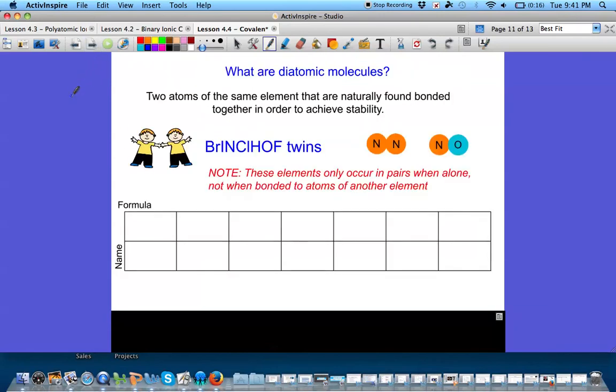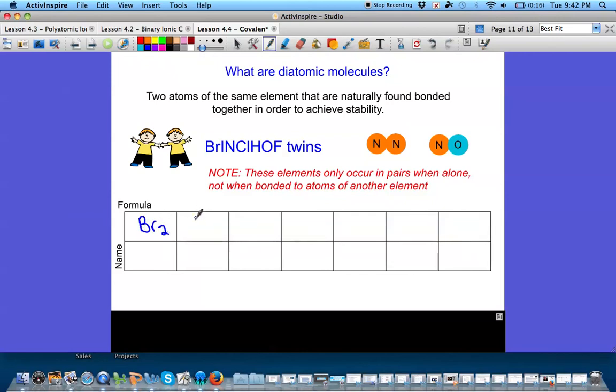Now, there are some covalent compounds that don't follow the naming rules, and those are diatomic molecules. This is when you have 2 atoms of the same element that are naturally found bonded together in order to achieve stability. I call these the Brinkelhoff twins.